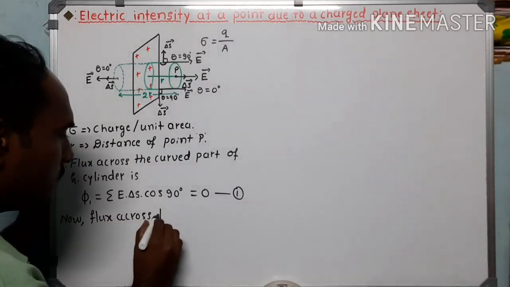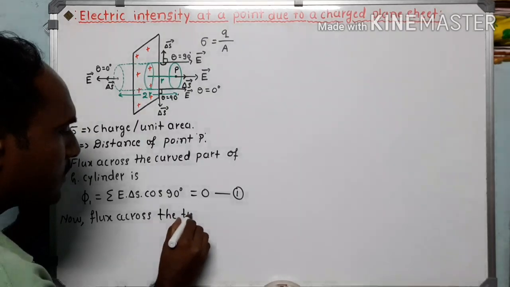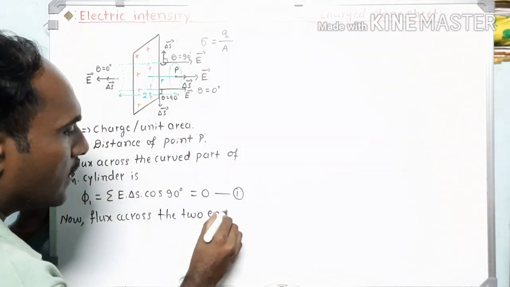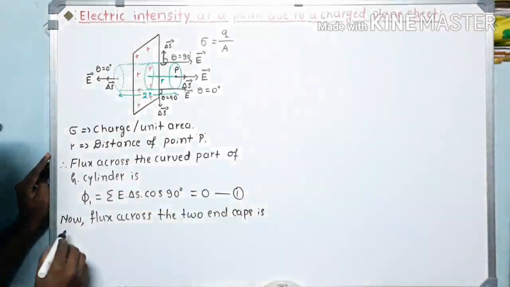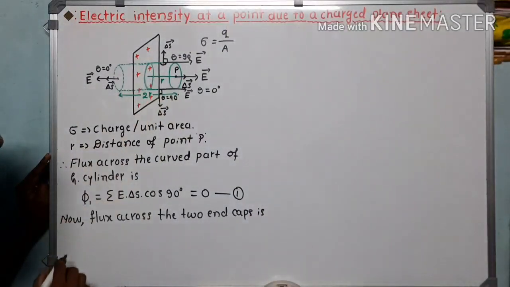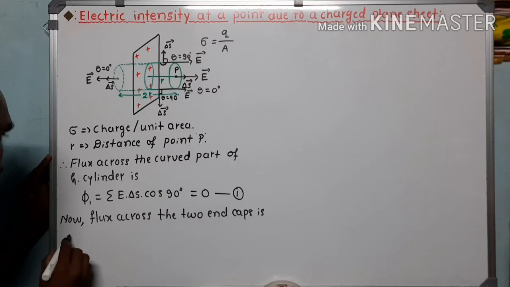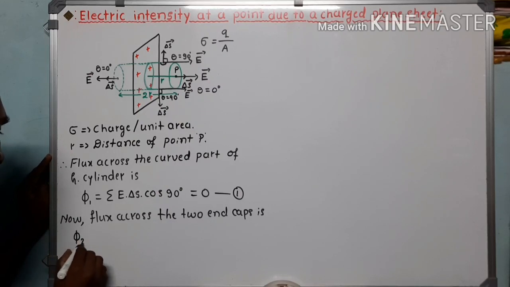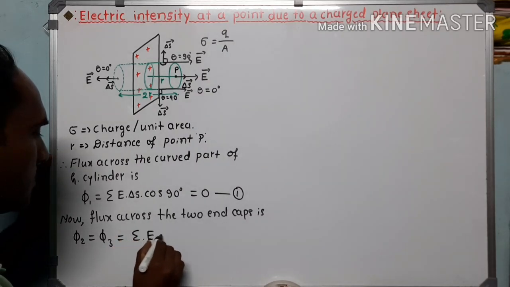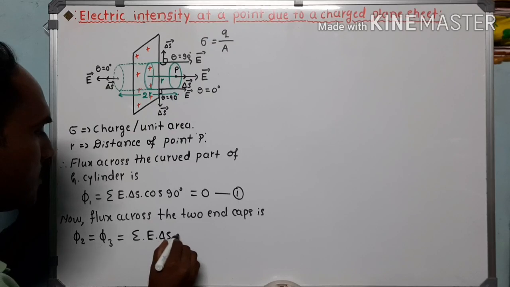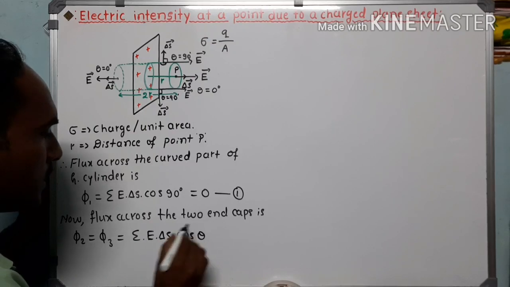Flux across the two end caps is what? Flux through two end caps is what? Phi 2 is equal to phi 3 is equal to summation of E into delta S into cos theta.